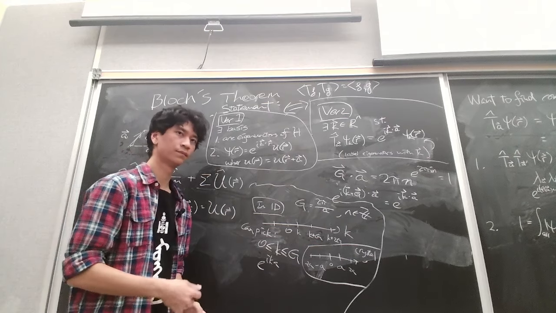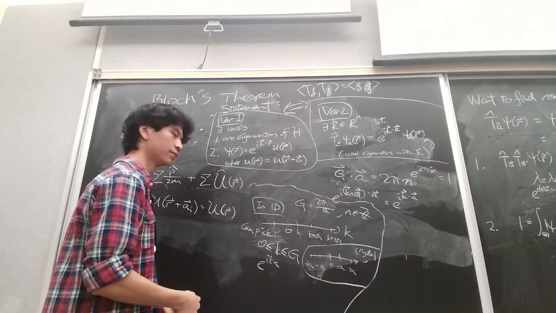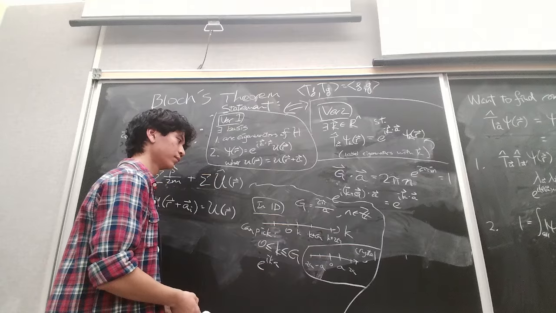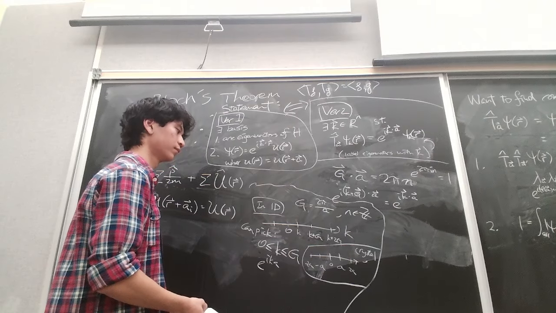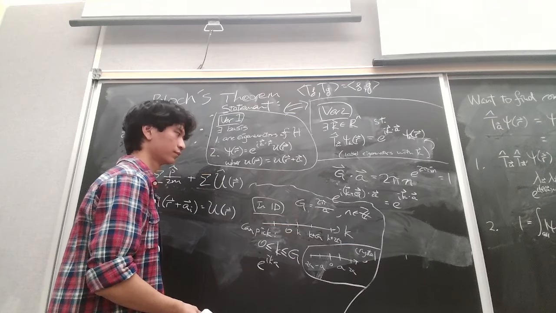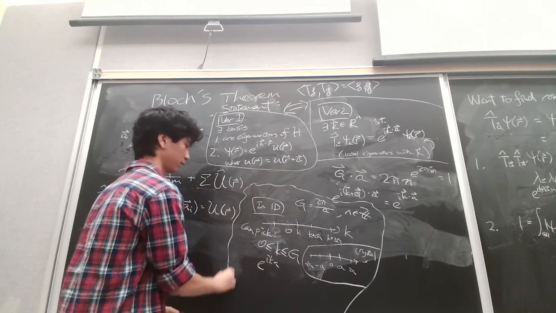And the eigenstate of the translation operator will have some eigenvalue, which we proved has to be a complex exponential e to the i phi. And then we argued that this phi has to be a linear function of the form k dot a, where a is the direction in which I translate.